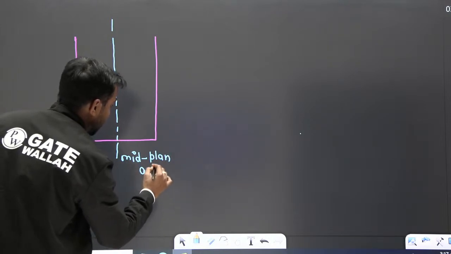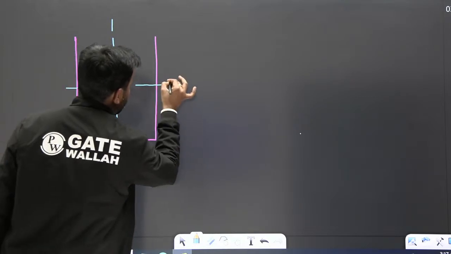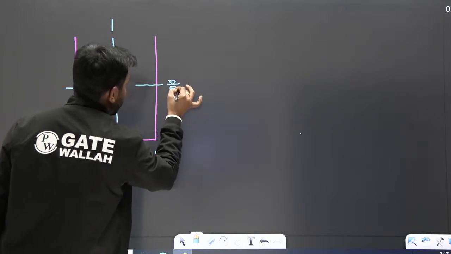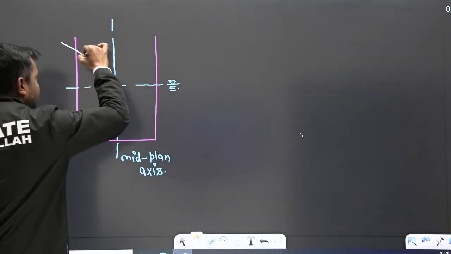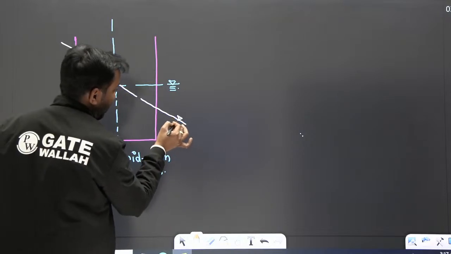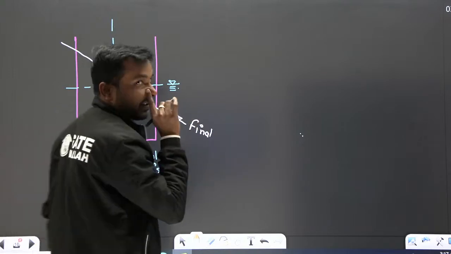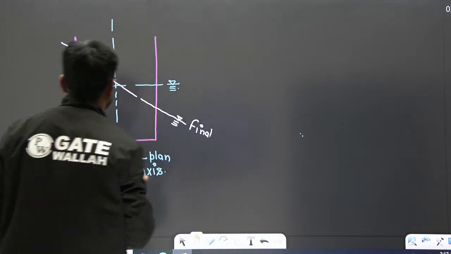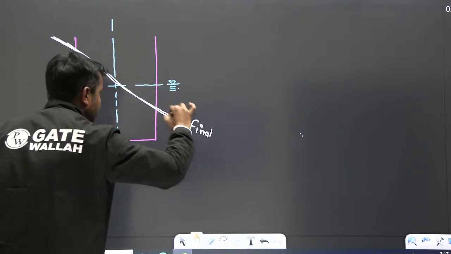The initial free surface is this one. And the final free surface, let me take this one. This is our final free surface. This line is a straight line.